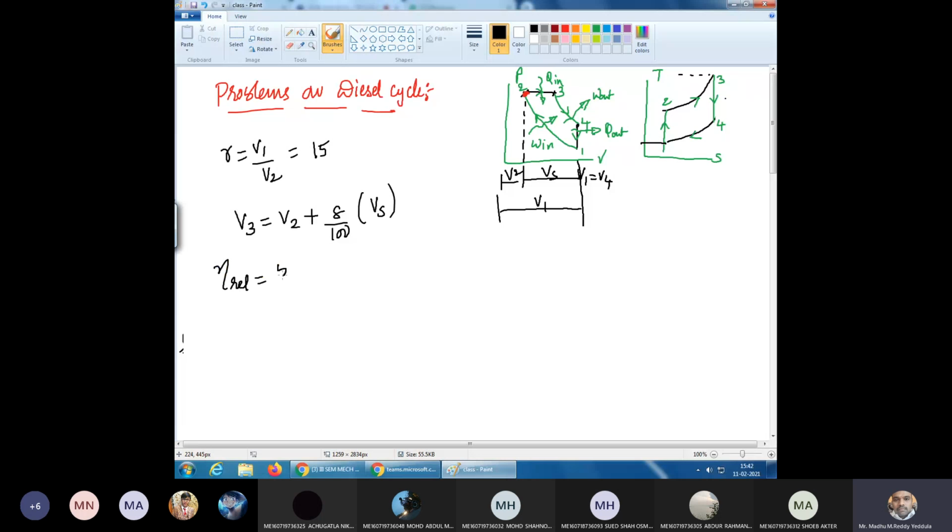Determine the fuel consumption per kilowatt hour. Assume that the calorific value of the fuel is equal to 42,000 kilojoules per kg.